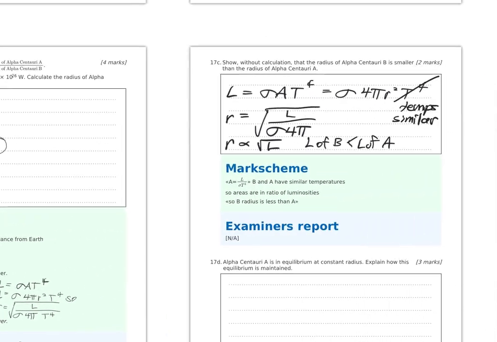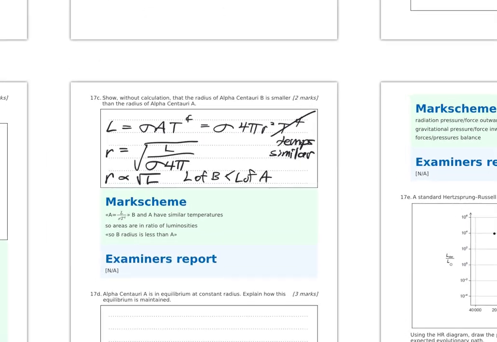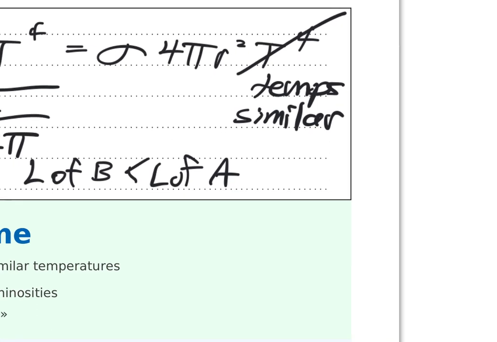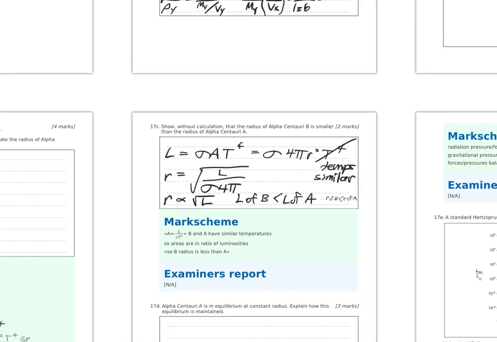Right. And so therefore the radius of B is going to be less than the radius of A. Therefore, R of B is less than R of A.